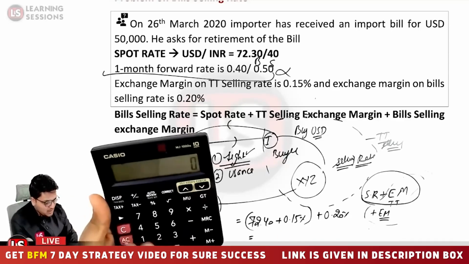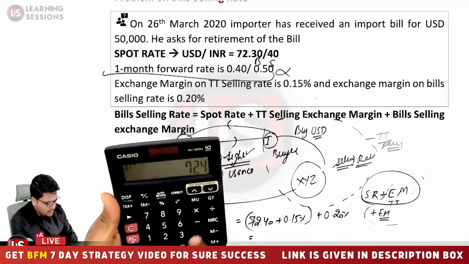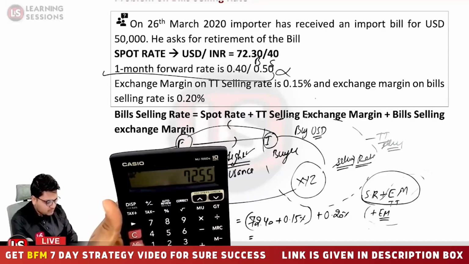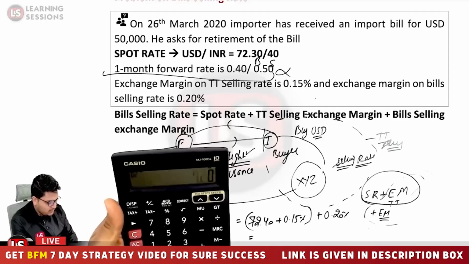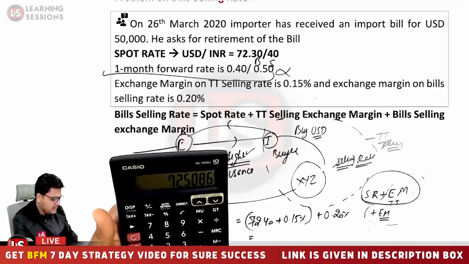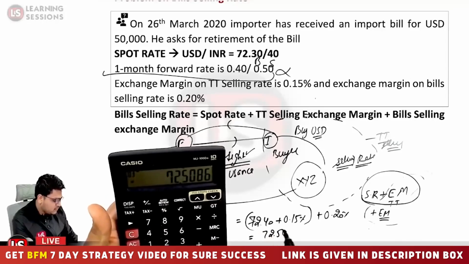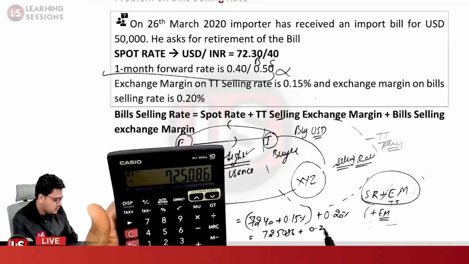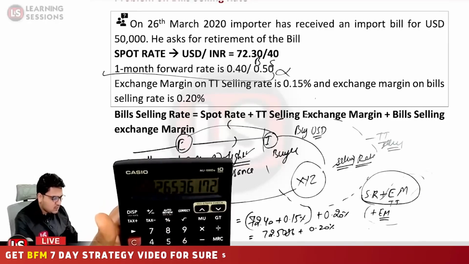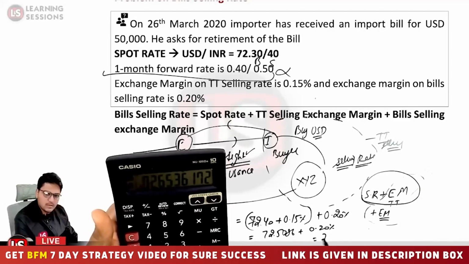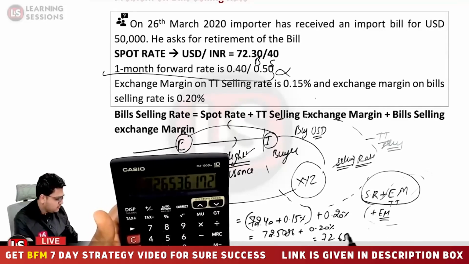So it is 72.40 plus 0.15%. That comes out to be 72.5086, plus 0.20%. That comes out to be 72.6536.